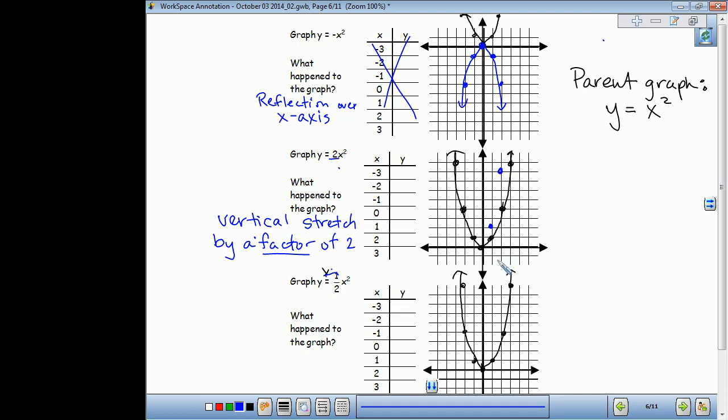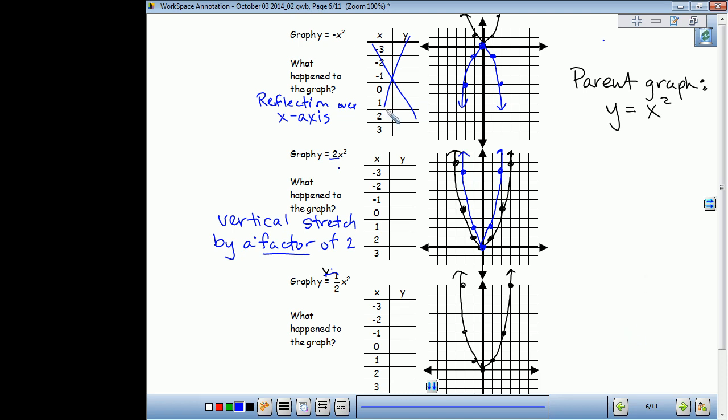Will 0, 0 move at all? No, because if I double 0, it's still 0. So negative 1, 1 will move to negative 1, 2. If it's vertical, it's going to deal with the y's. If it's horizontal, it'll mess with the x's. We'll do horizontal one day. We're going to stick with just vertical today.